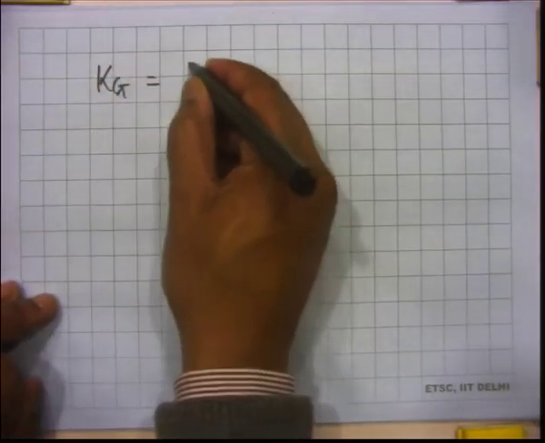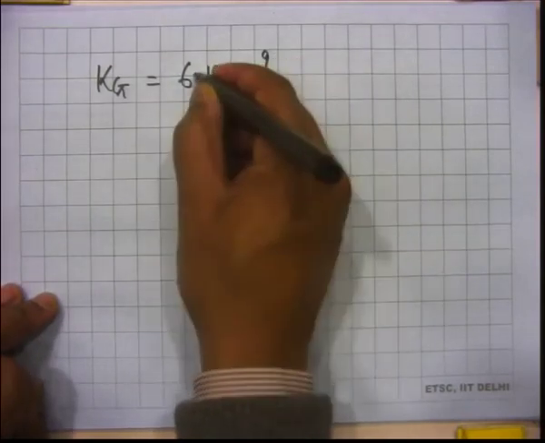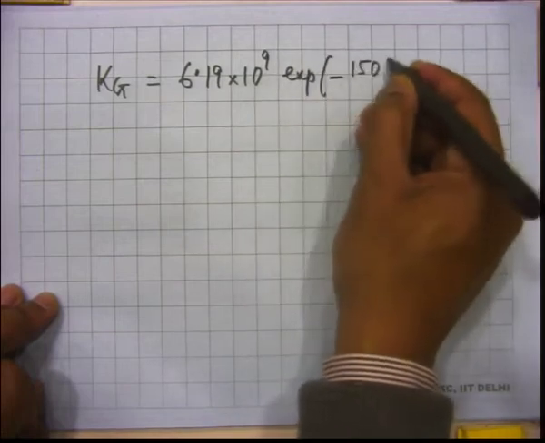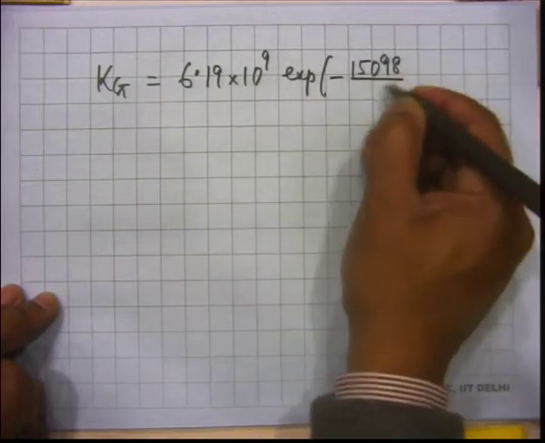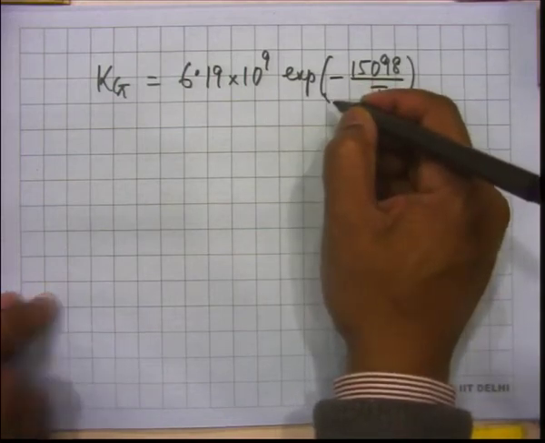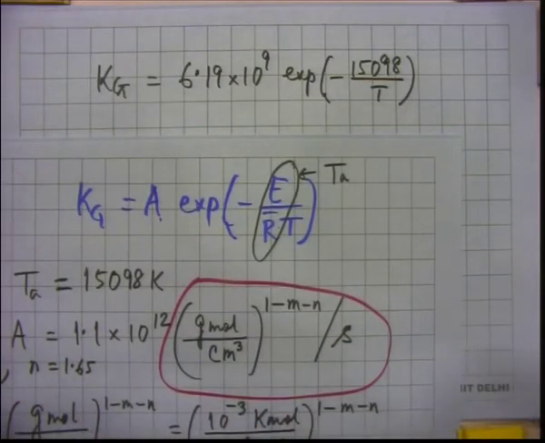is 6.19 times 10 to the power 9, sorry, exponential minus 15098 divided by T. Okay. So, where did this 6.19 times 10 to the power 9 come from?